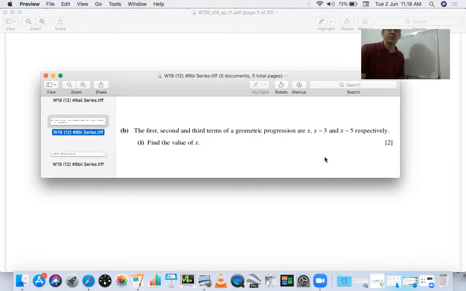Then we move down here to find the total distance. Then we get to part B. Now it calls it a geometric progression. So again, you want to identify that change from arithmetic to geometric. It says that the first, second, and third terms are x, x minus 3, and x minus 5 respectively.